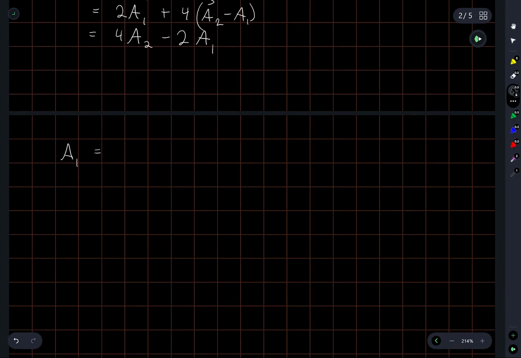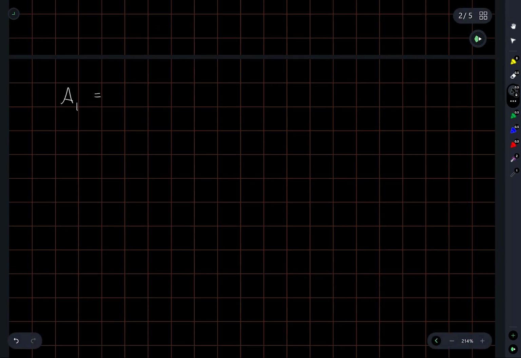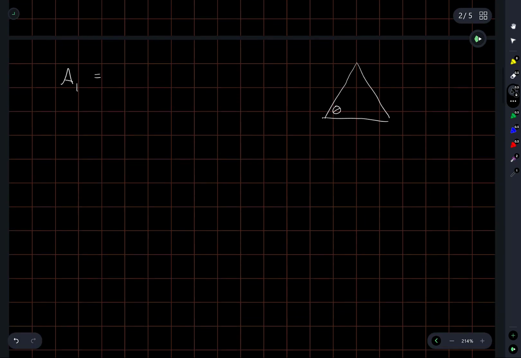Well, A1 is the area of an equilateral triangle, which is what? So if I have any triangle with angle theta between sides x and y, the area is xy cos theta.